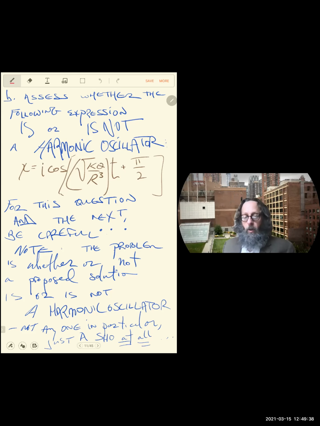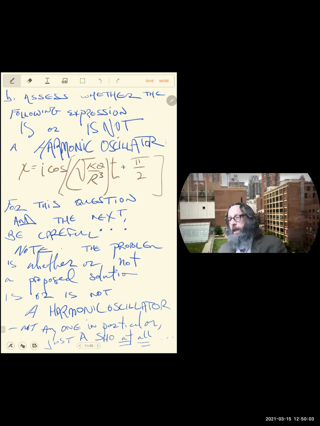Now B and C are very similar to A, taking derivatives. In A, we presented a differential equation and said, here's a possible solution, tell us whether it is or is not actually a solution.